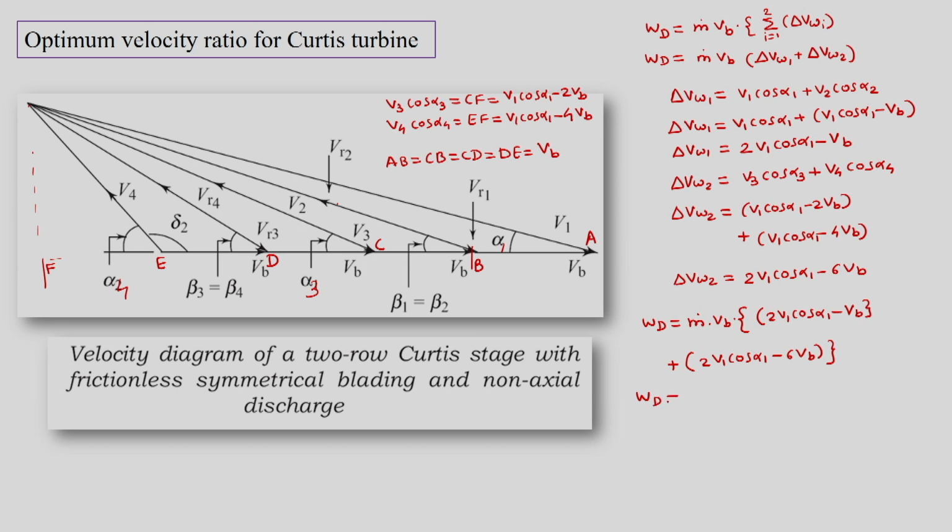So, we have WD is equal to m dot VB into (4 V1 cos alpha 1 minus 7 VB).